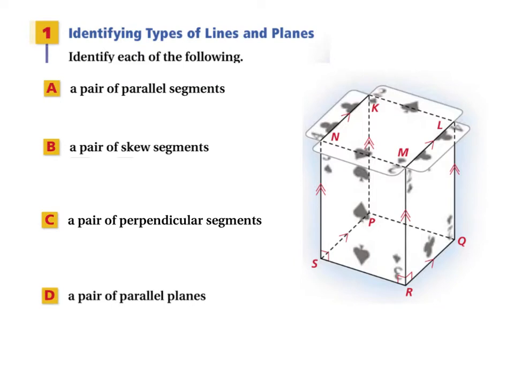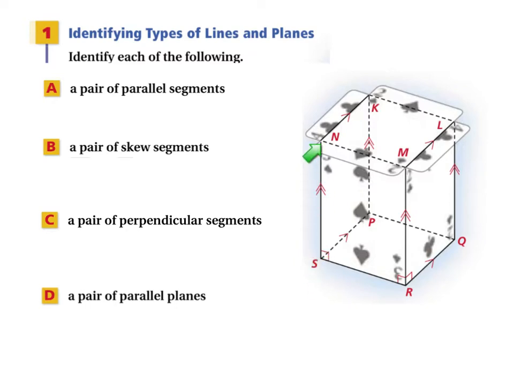So let's look at example number 1. In example number 1, we want to identify each of the following. So if we look at our picture of a house of cards or a deck of cards that's been stacked together, let's start by naming a pair of parallel segments. So if we look at our picture, there are numerous answers you could give me.